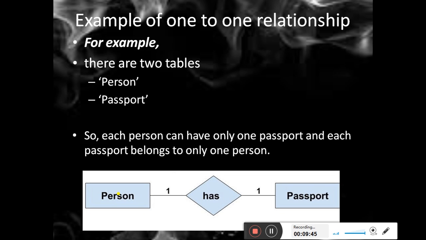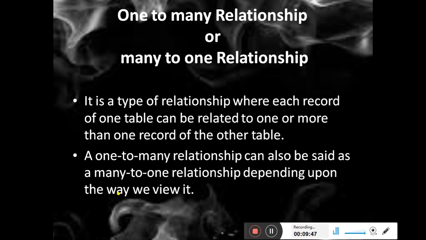Now next, the second one is one-to-many relationship or many-to-one relationship. What is this one-to-many relationship? It is a type of relationship where each record of one table can be related to one or more than one record of another table.